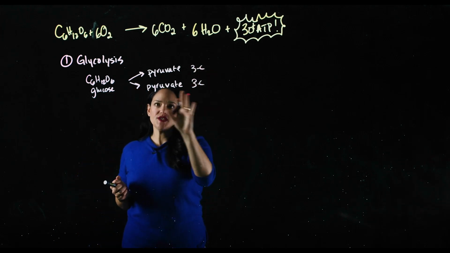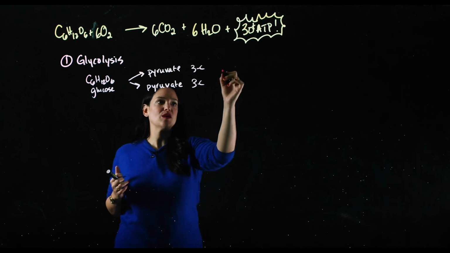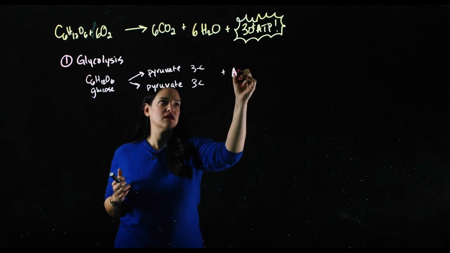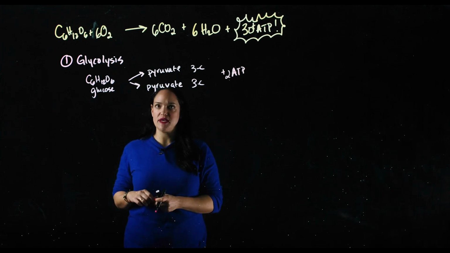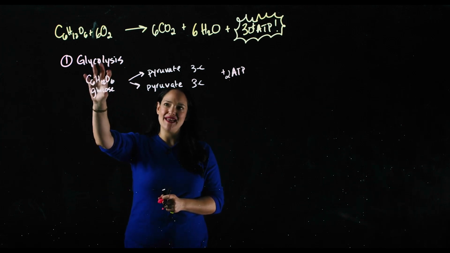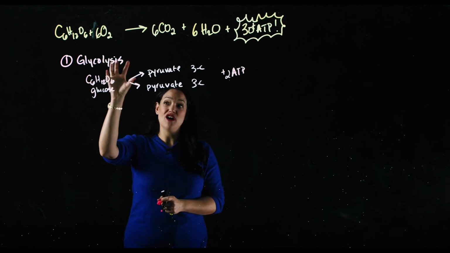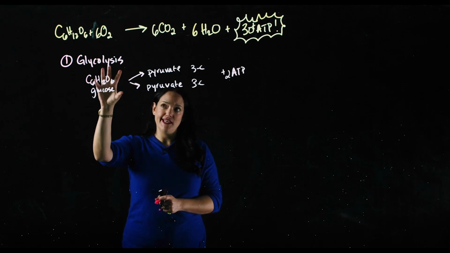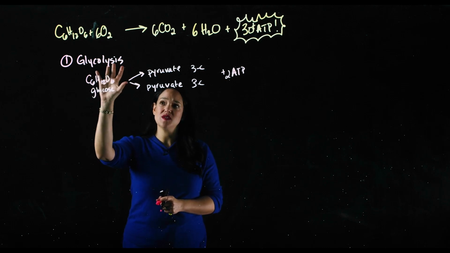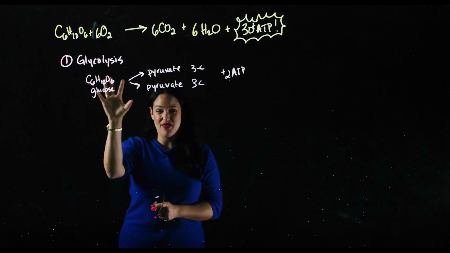This step produces a little bit of ATP, about 2 molecules of ATP, and this can sustain us for a little bit. I don't need oxygen for this reaction to occur, and it happens pretty quickly in the cells, but this can sustain us for a bit, but not that long.